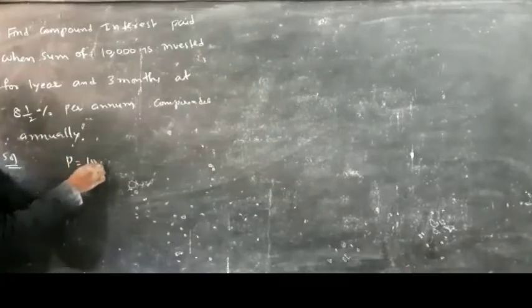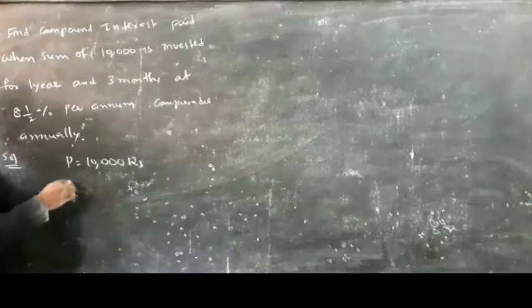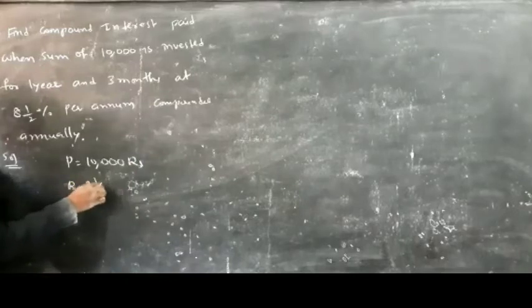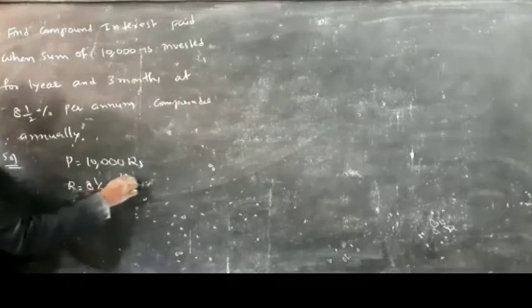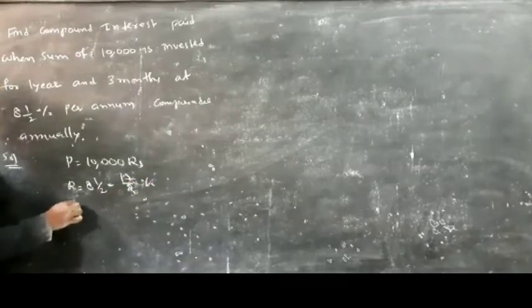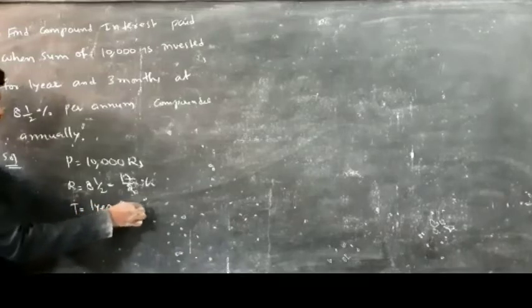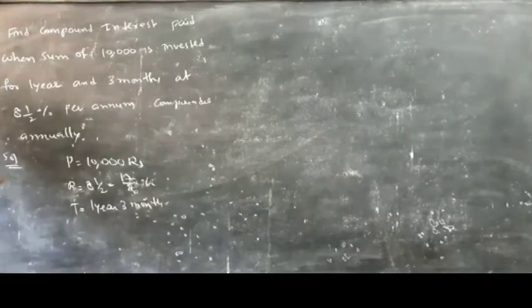That is nothing but principal amount is 10,000 rupees. And what is the rate of interest? 8.5% is nothing but 17 by 2 percentage. And what is the time duration? 1 year, 3 months. But here interest is compounded annually.